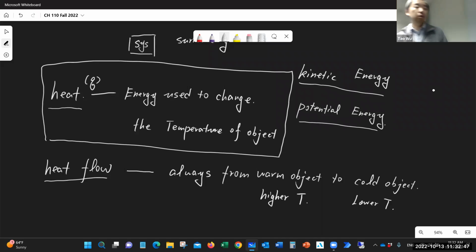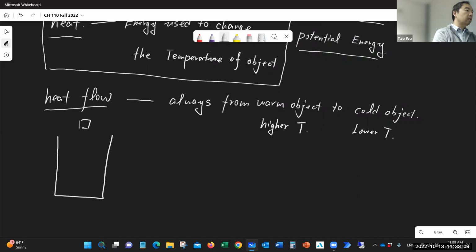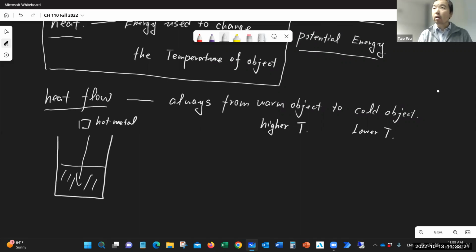So again, this is the heat flow. Remember, it has to be from high temperature to low temperature. It really doesn't matter what the size of the object is, but the heat always flows from high temperature to low. In other words, for example, if you have a bucket over here and you're tossing a very tiny hot piece of metal in the cold water, then you know what happened.